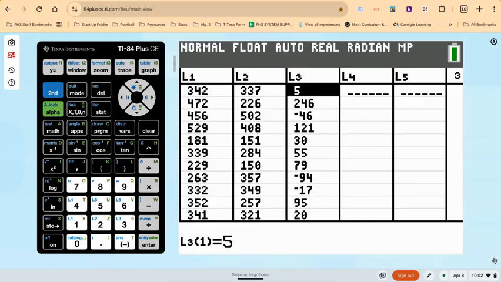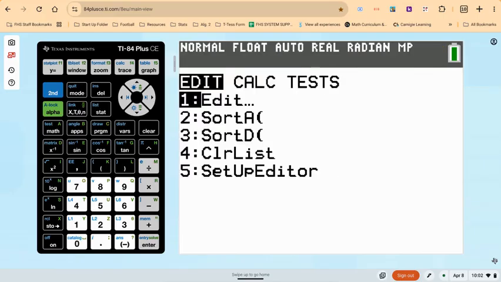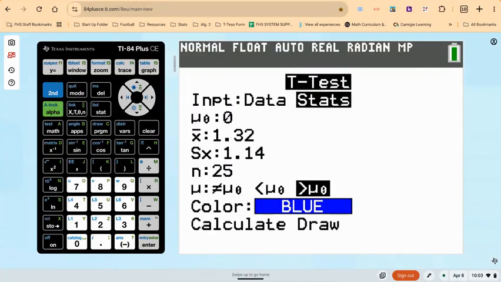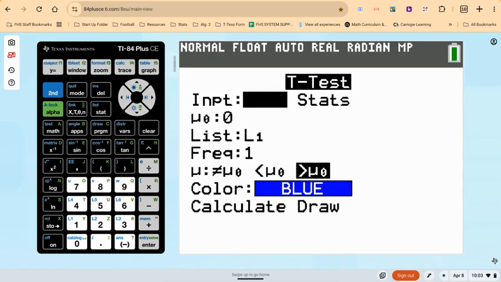Okay. And so what we're going to do now is go back and run our test. Stat, scroll over to test, and I'm scrolling down to number 2, t-test. This time I have data. The null mu should be 0, and then the list I have to change. I want to use the values in list 3, the mean difference.